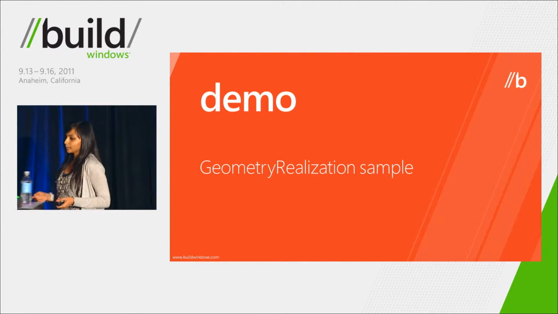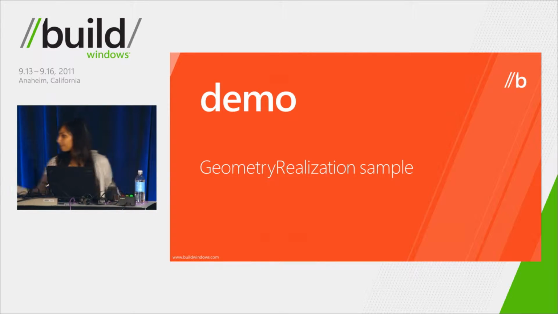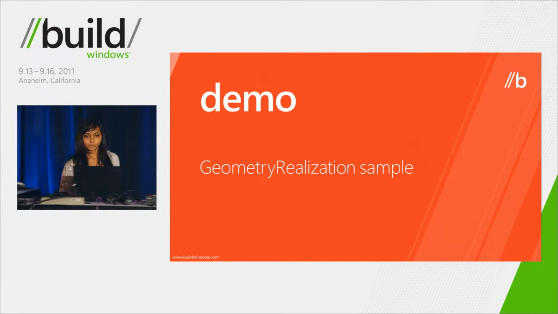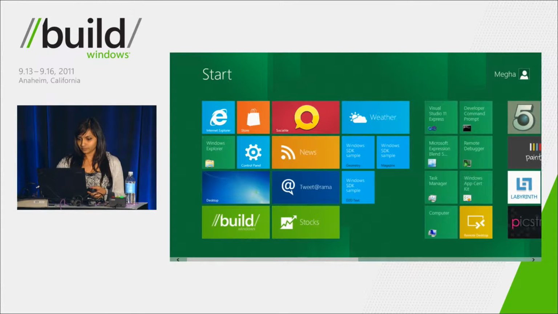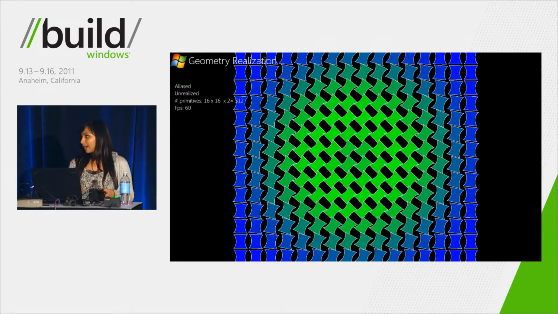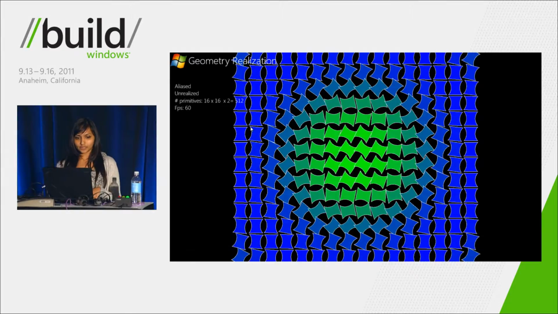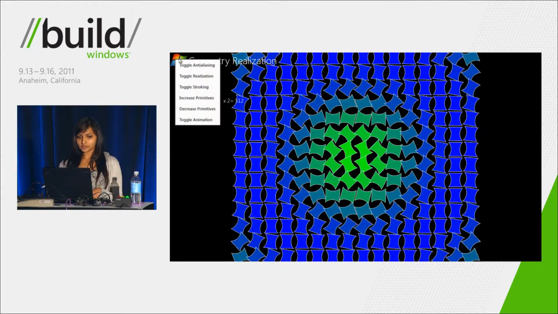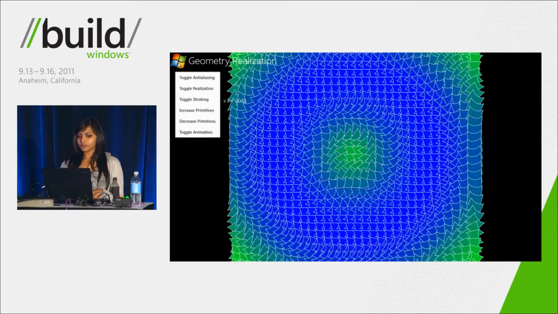Let's take another example. Here I have almost 512 geometry primitives that are rendering, and I can increase the number of primitives. I can do a bunch of other stuff as well.